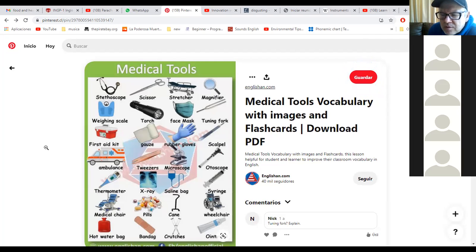Rubber gloves. Scalpel. Ambulance. Tweezers. Pinzas. Microscope. Otoscope.